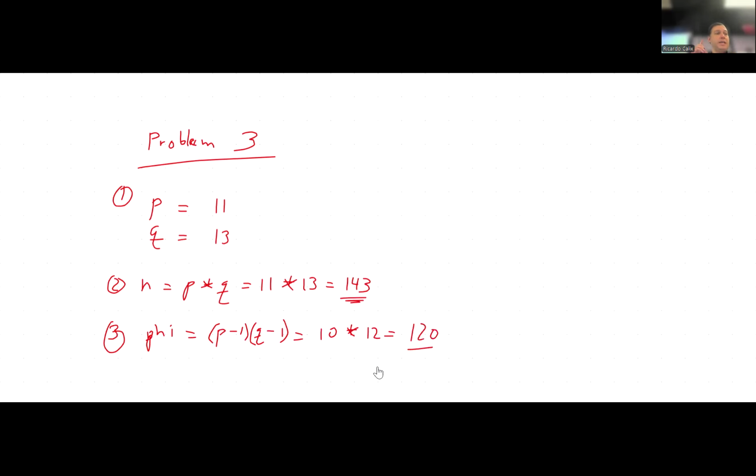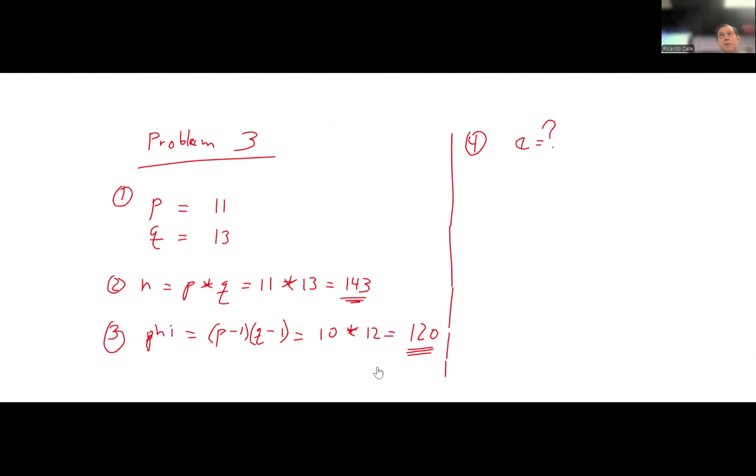Step 4 was to select the E. Before, I skipped some parts. Now I'm just going to keep adding steps. All right, so step 4, what is E? Now E will need to meet certain conditions.